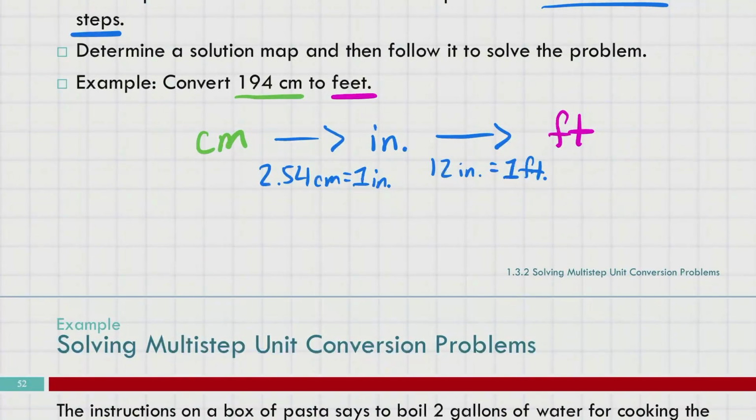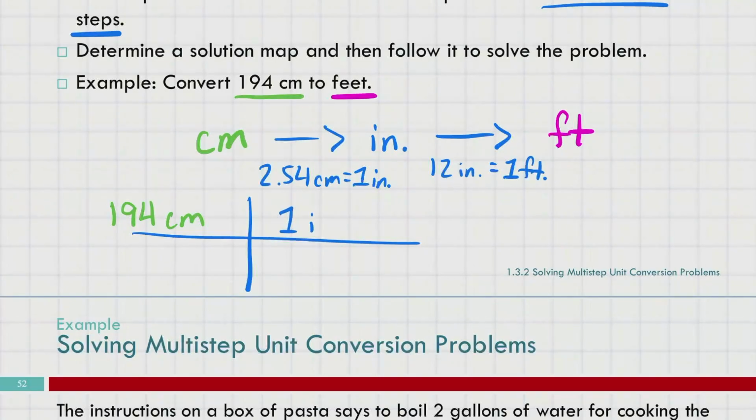So starting with our 194 centimeters, our solution map tells us that our first step is to convert to inches. So we're going to use this 2.54 centimeters equals 1 inch as our conversion factor to get to inches. That means we need the centimeters to cancel out. We need the inches to stick around, so inches will be on top.